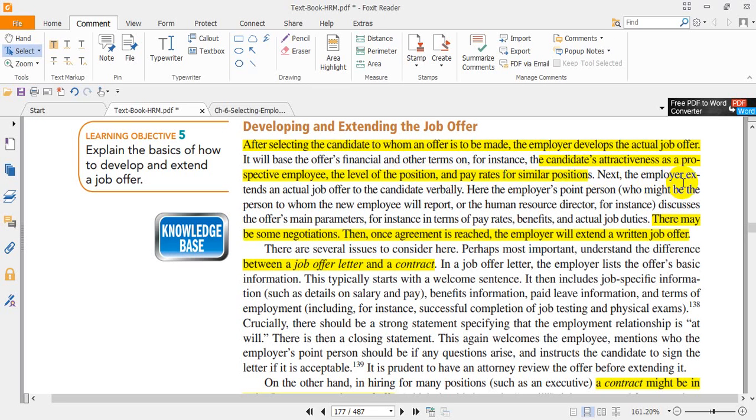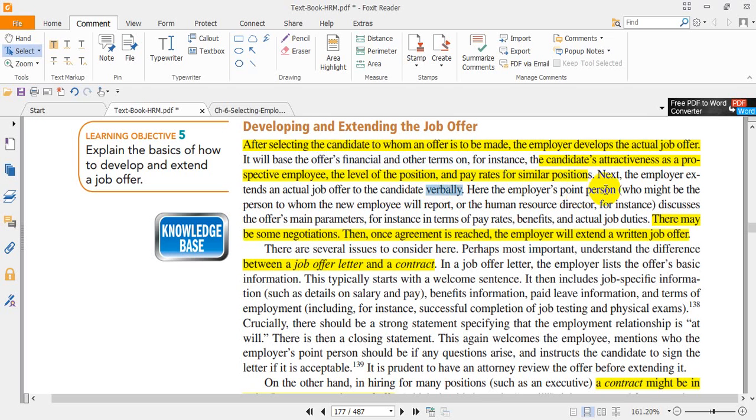Okay, next, the employer extends an actual job offer to candidates verbally. Firstly, explain the financial and other terms.